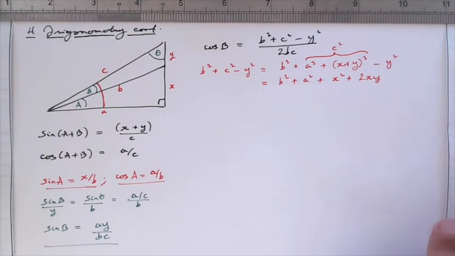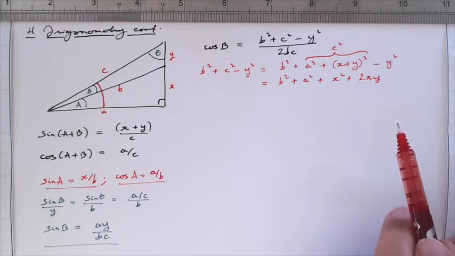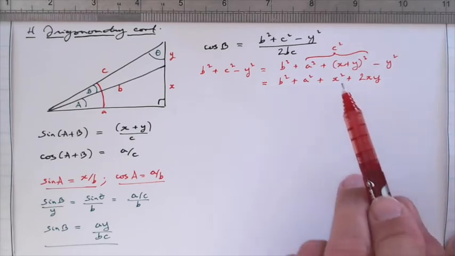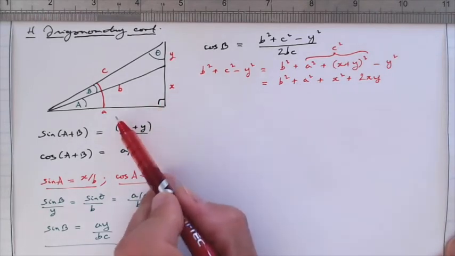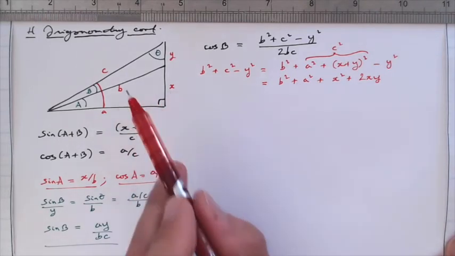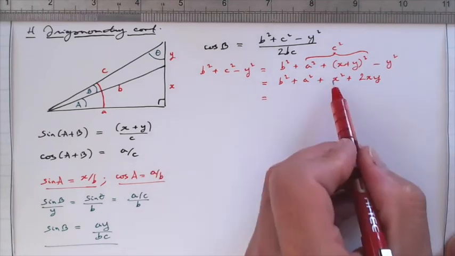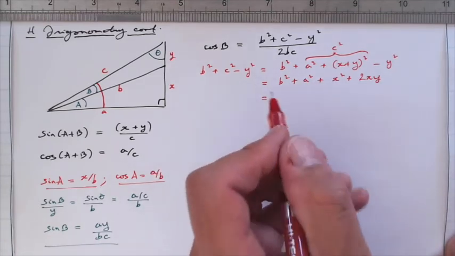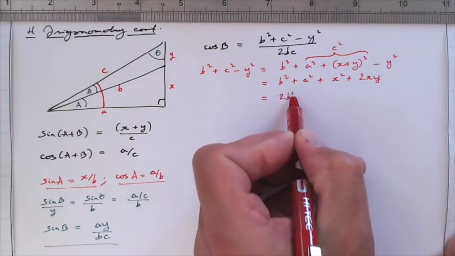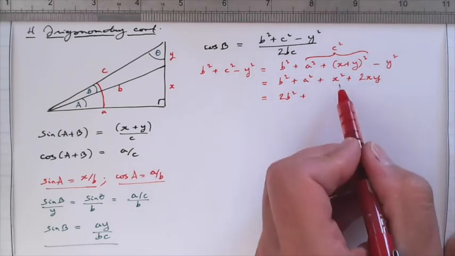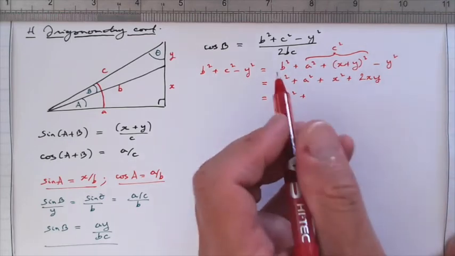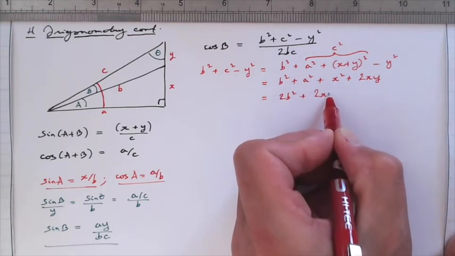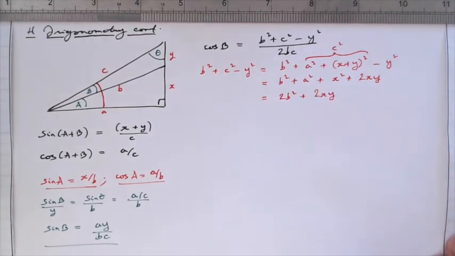And then I can observe that, look, a squared plus x squared, I can use Pythagoras on the lower triangle, is just b squared. So actually these two together give me b squared. So I have two lots of b squared. So that's one lot of b squared, another lot of b squared, and then I just have 2xy. So that's really nice. That's really simplified a lot.